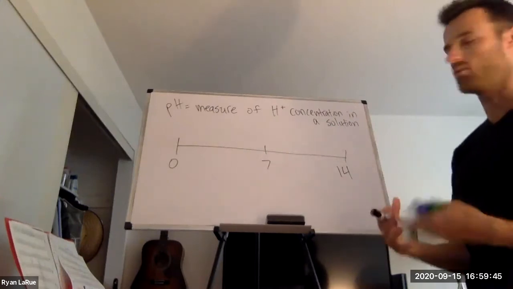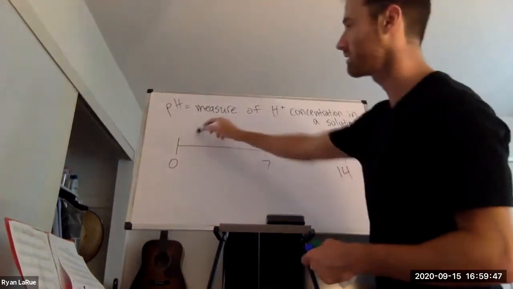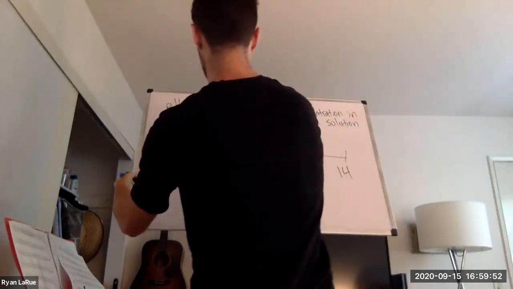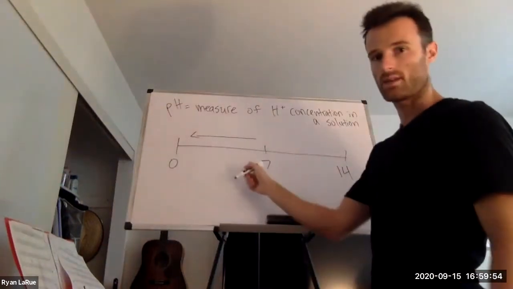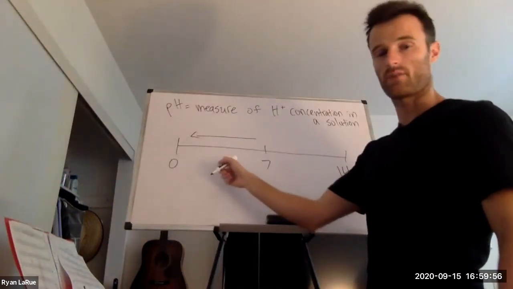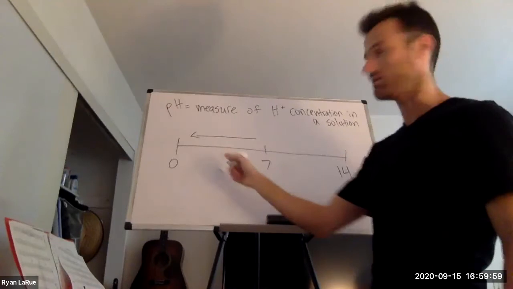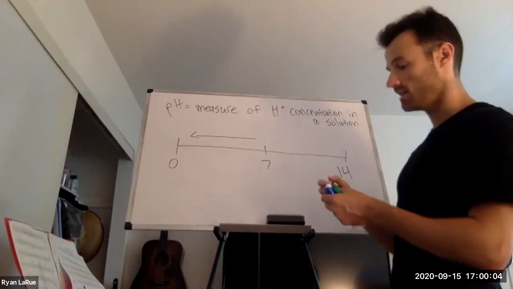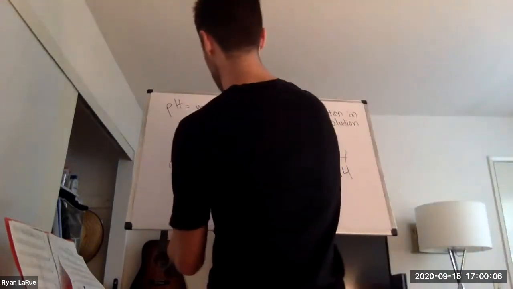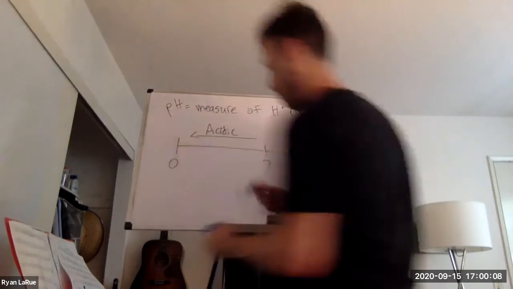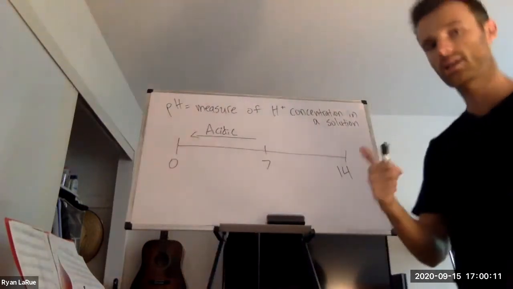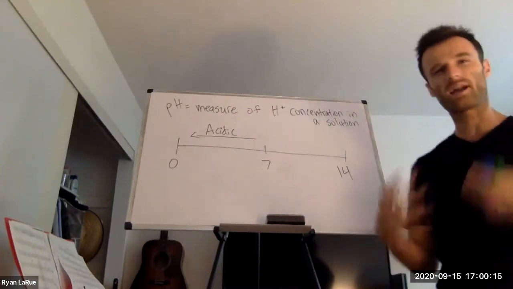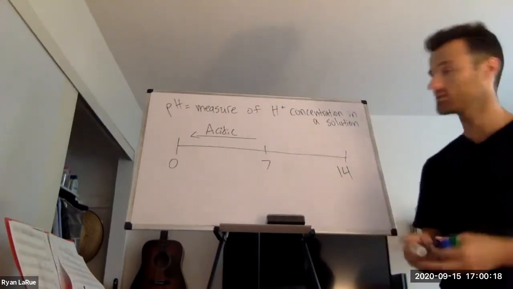All you have to know is that as you decrease the pH, as you go down in pH from 7, 5, 6, 5, 4, 3, 2, 1, you are increasing the amount of hydrogen ions, and you are actually becoming more acidic. So acidic solutions have a high number of hydrogen ions in the solution, a high concentration of hydrogen ions.